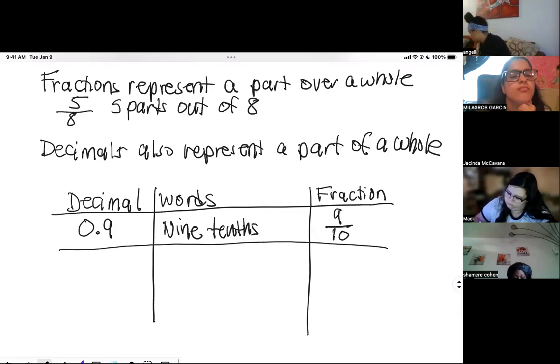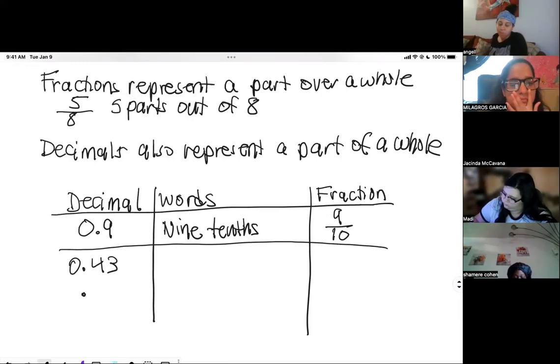All right, look at this one, 0.43. And by the way, when you deal with decimals and you don't have a whole number, usually you put a 0 in the front. It is not wrong to write .43 like that. You'll see me put a 0 in the front just to be clear where the decimal place is. But the 0 doesn't really matter. It really doesn't matter.